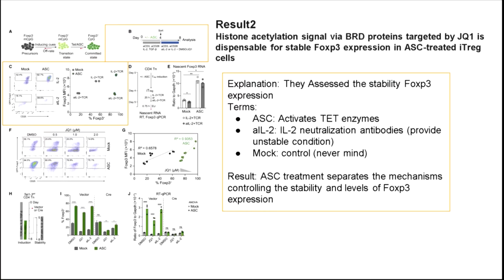These results suggest that ASC treatment separates the mechanisms controlling the stability and levels of Foxp3 expression.